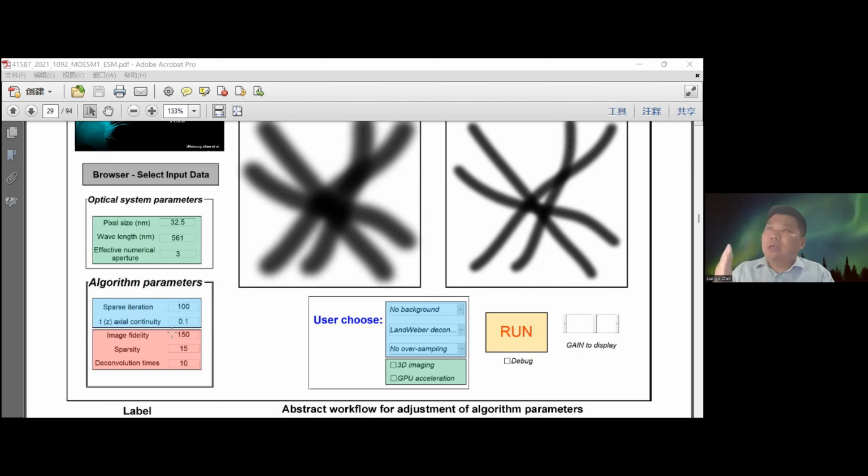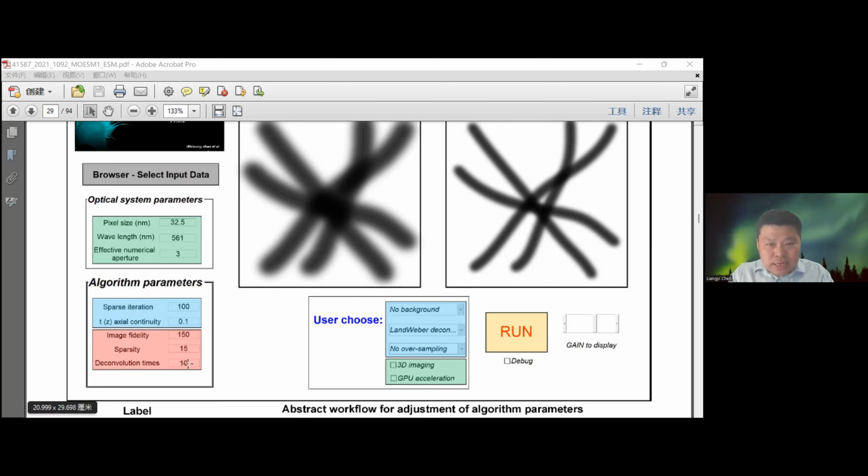Because sometimes if you take a time-lapse image, that means two images taken at a relatively longer interval, we want to reduce this number, okay? Because they may not be continuous, because you are taking too long to take two images. But if you take really fast images, then you can increase this one to antagonize the noise and the artifacts and the sparsity.